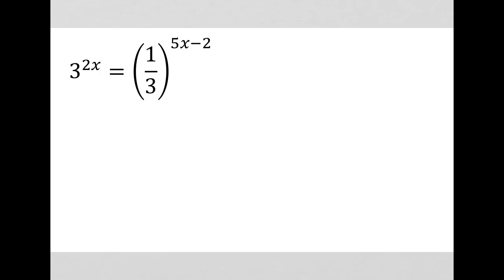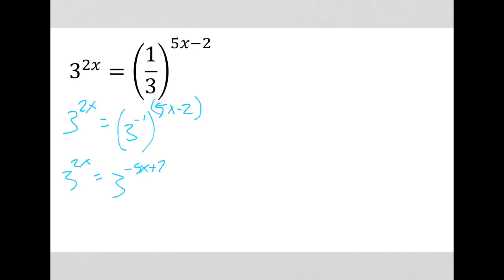Same idea. Let's rewrite the base here. So I'm going to say that 3 to the power of 2x is equal to 1/3, which is the same as 3 to the power of negative 1, (5x minus 2), and our power rule says that if we have this situation going on here, we can distribute that in to get 3 to the negative 5x plus 2, distributing in that negative 1.